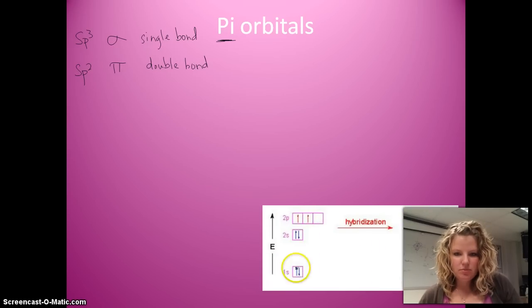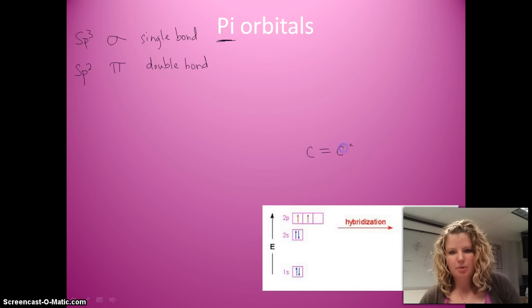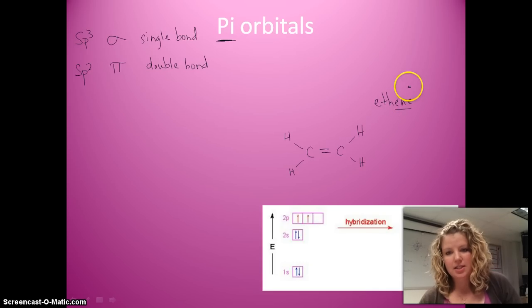Down here, if we have our Aufbau diagram, and let's say that we have a double bonded carbon. So this is our molecule of ethene. By the way, ethene, E-N-E, always means a double bond, and A-N-E means a single bond.